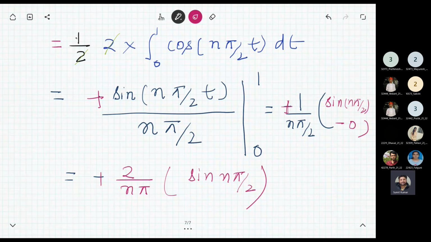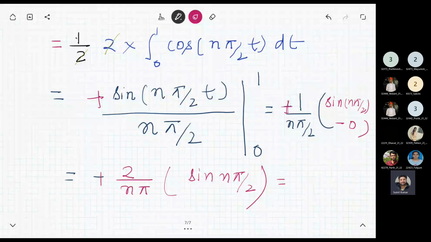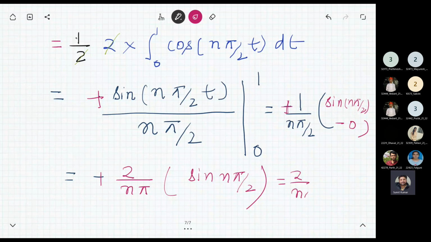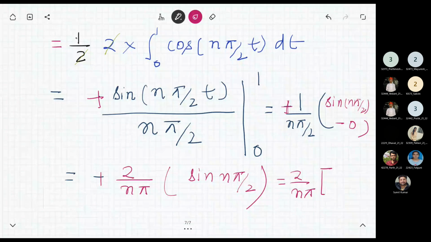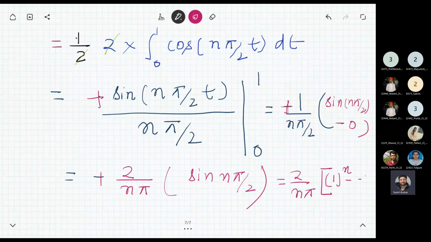So how can we write it? You will find out later why we are writing it this way, because in objective questions you have to match. So let me write this 2 by n pi, and for the odd value we get 1, and for the even value what happens? So you can think of it like this: 1 to the power n, minus 1 to the power n. Can we think of it like this?